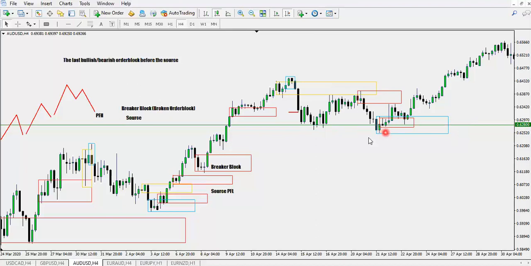Okay, so this is our source because this is our lowest candle that was responsible. Previously our source would have been over here on this candle, and then price rallied up.